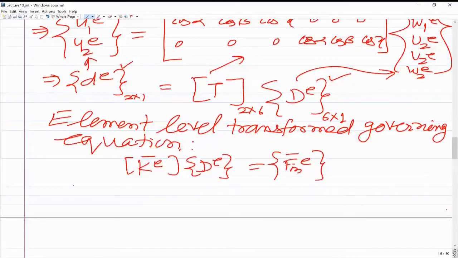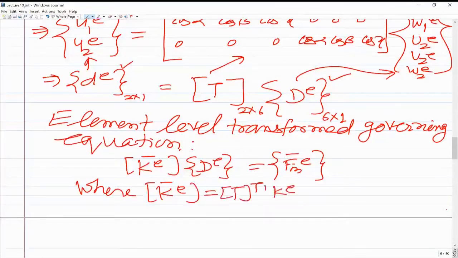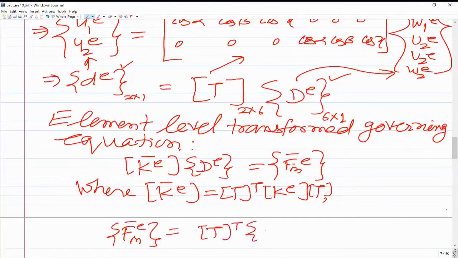Now here, we have already derived this earlier for the 2D truss structure, so the only thing different is the transformation matrix, otherwise everything is the same. So here the Ke bar is nothing but T transpose into Ke into T, and the F internal E transformed is equal to T transpose into F internal for the element.